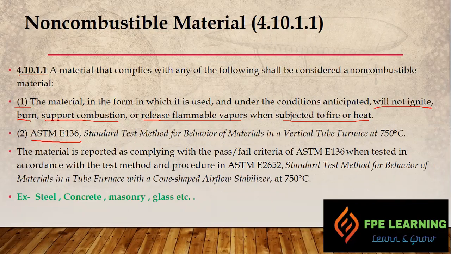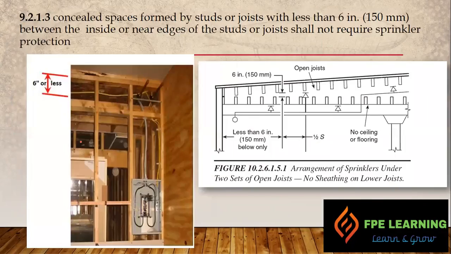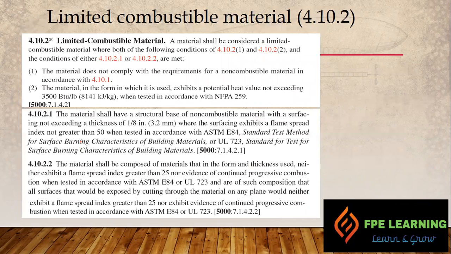Okay, now let's come to the limited combustible material. So there are points for the limited combustible materials, right? The first one: the material does not comply with the requirements for a non-combustible material in accordance with 4.10.1. So the one we discussed in this slide, it must be as per that.